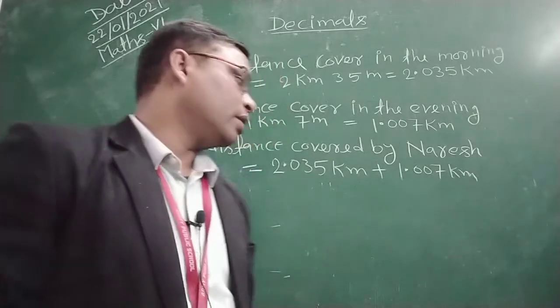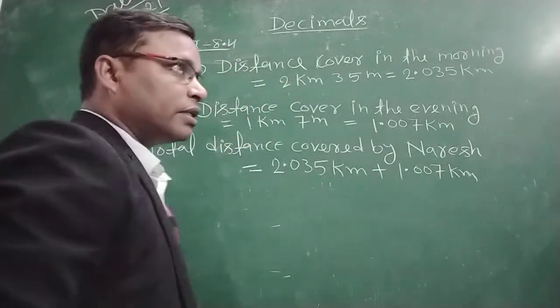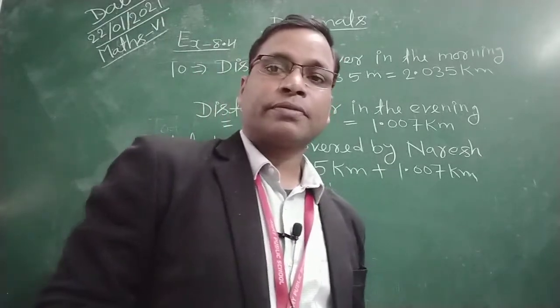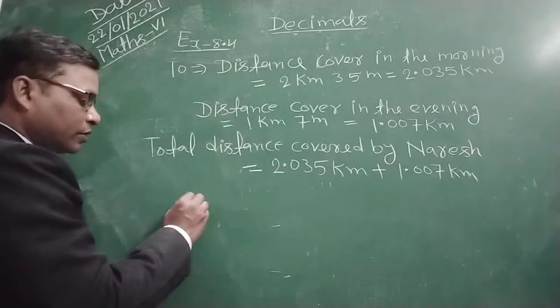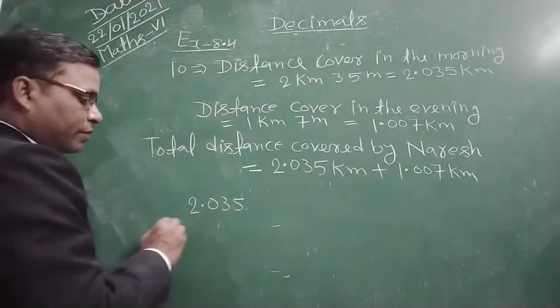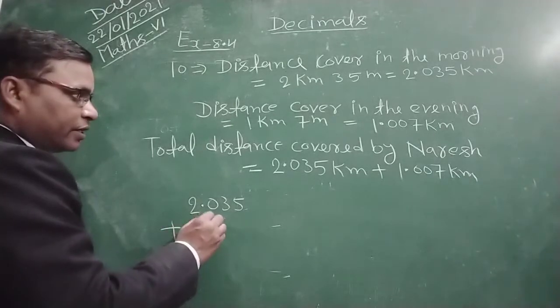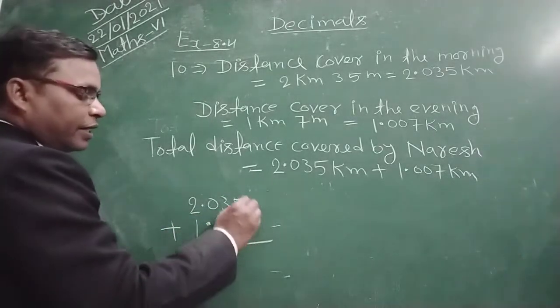Okay, so how can we add? If you face any difficulty to add by the horizontal method, then you can write it in the vertical method like this: 2.035 plus 1.007. Okay, add them.